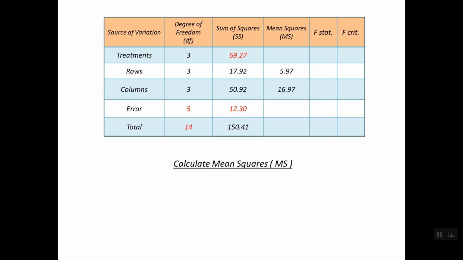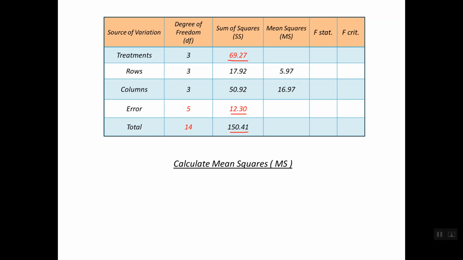So now we return back. We should adjust for the SS for the treatment. This is the new value for the SS. Notice that the SS for the rows and the columns haven't changed, while for the error it is changed.